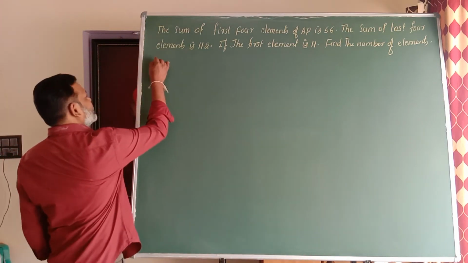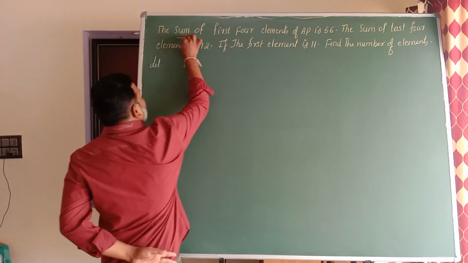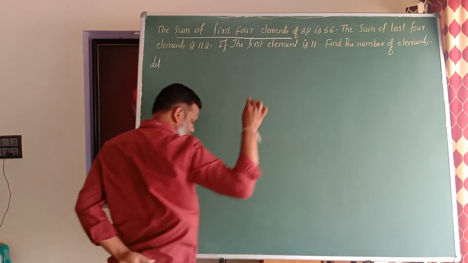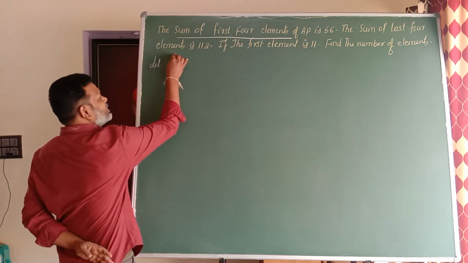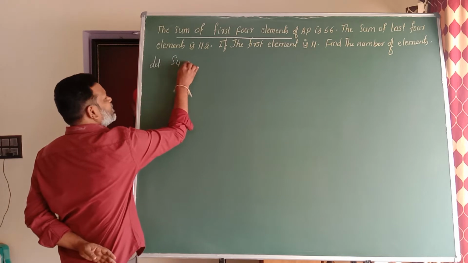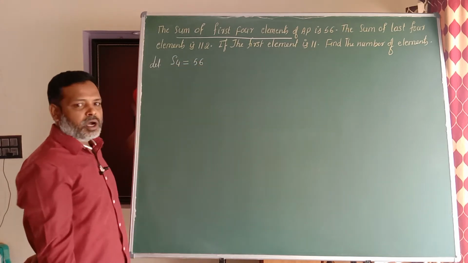So first let us consider what they are given. They are given that the sum of the first four elements is taken as S4. S4 is equal to what? 56. How can you do that?